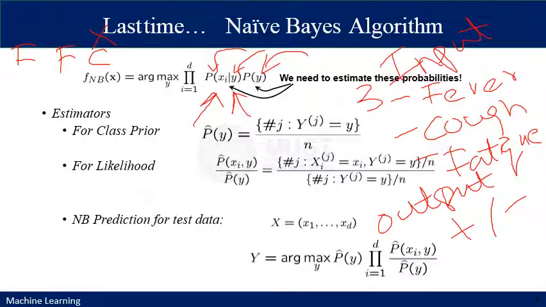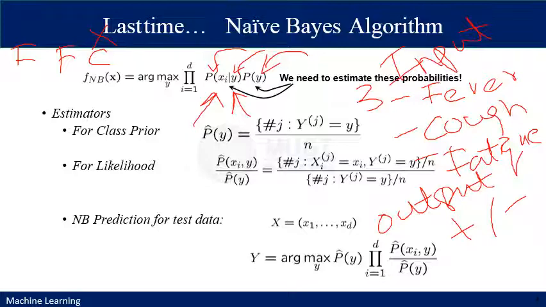So our first step is to calculate the likelihood of each attribute with respect to the positive class and with respect to the negative class, along with the prior probabilities of each class.